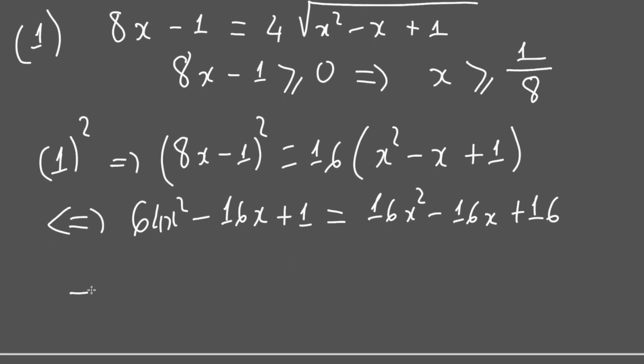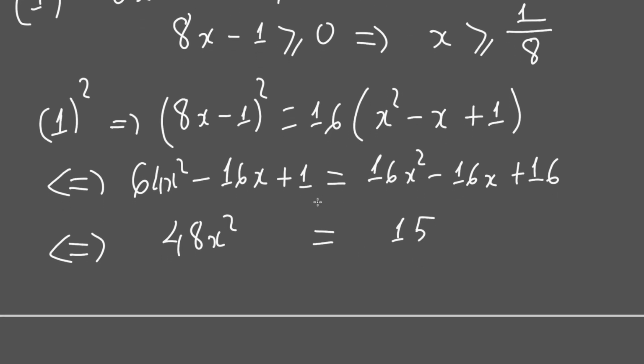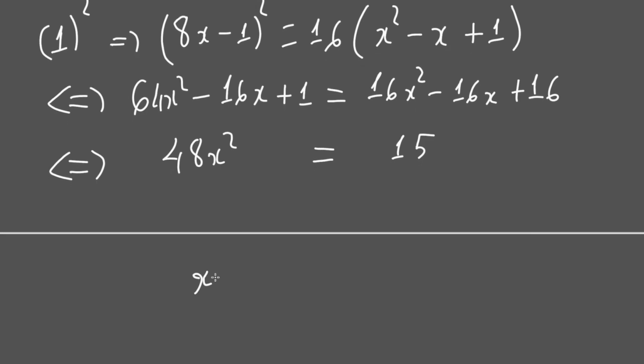Simplifying that, we have 48x squared equal to 15. Finally, we have x squared equal to 5 over 16.